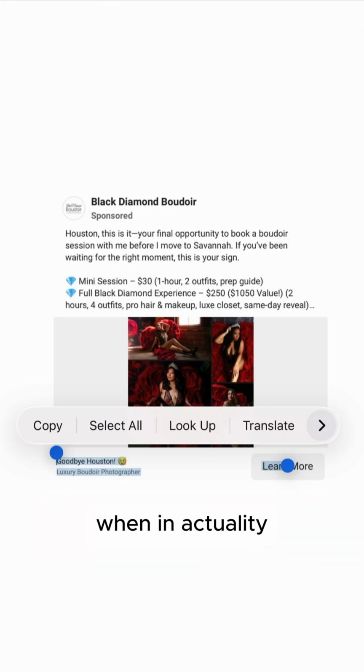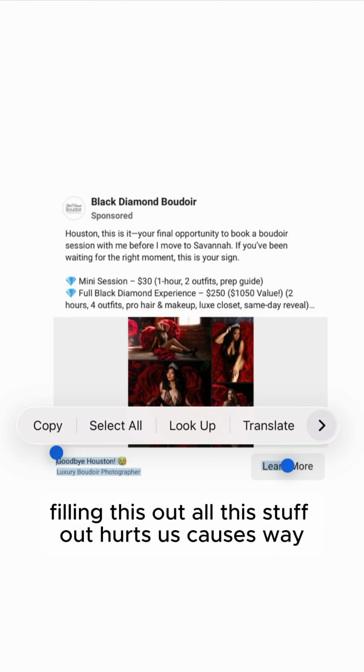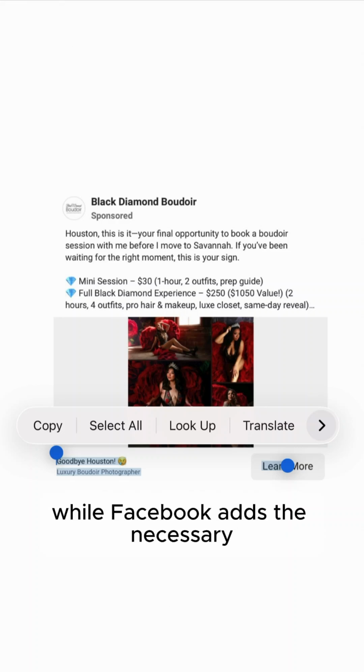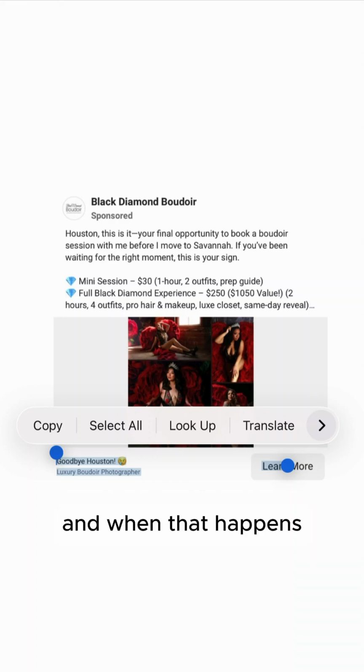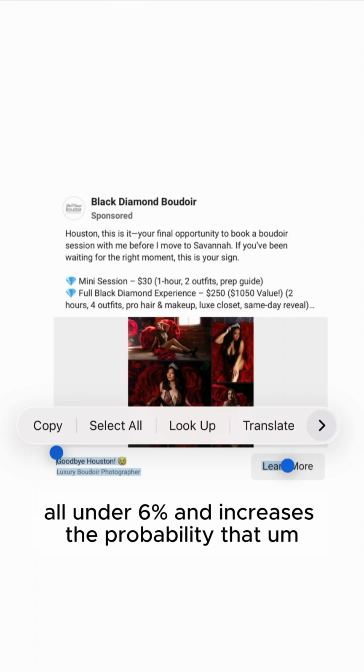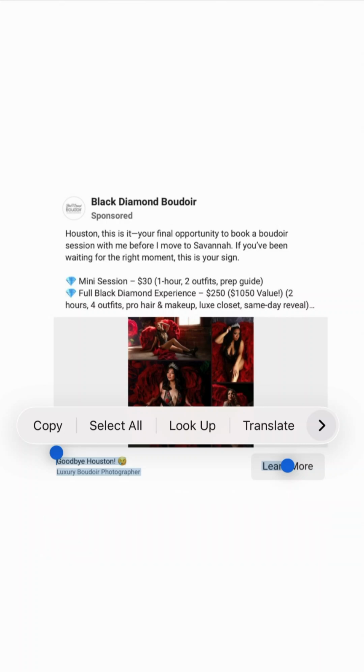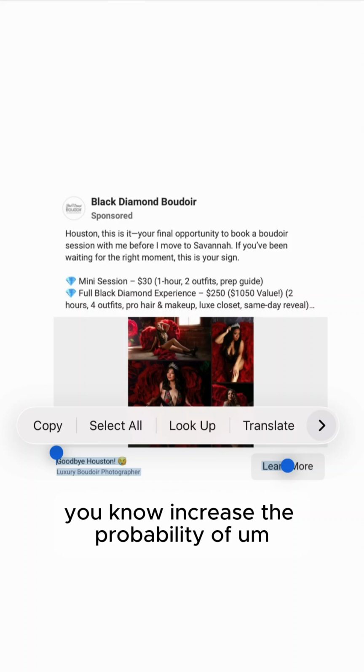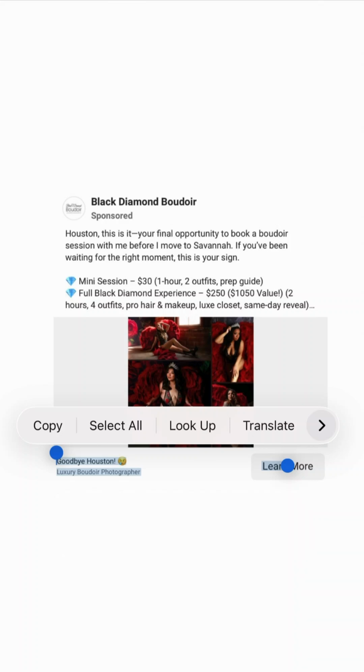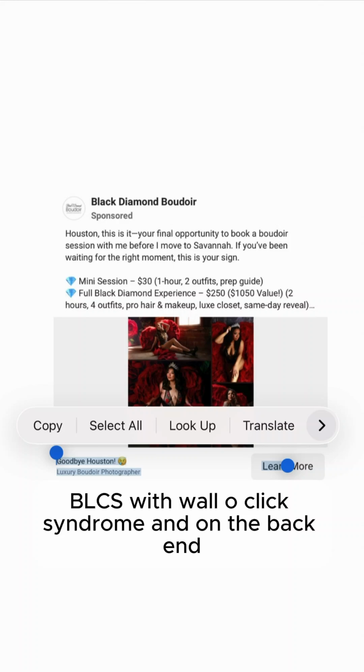When in actuality, filling all this stuff out hurts us. It causes way, way, way more women to scroll by our Boudoir Facebook ads than necessary. And when that happens, it pulls our unique CTR under 6% and increases the probability of BLCS, Boudoir low click syndrome.